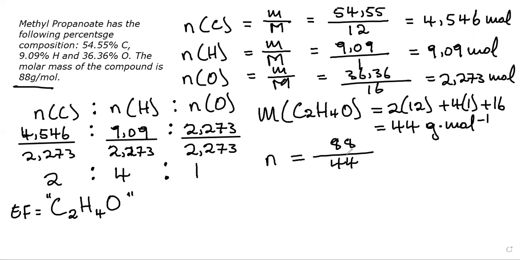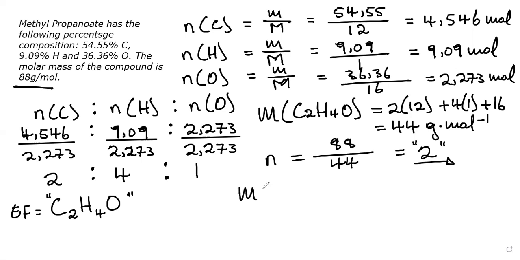If you say 88 divided by 44, you realize that the whole number ratio is just going to be 2. What is the meaning of this? It means you multiply every element in your empirical formula by 2 so that you can get the actual molecular formula.